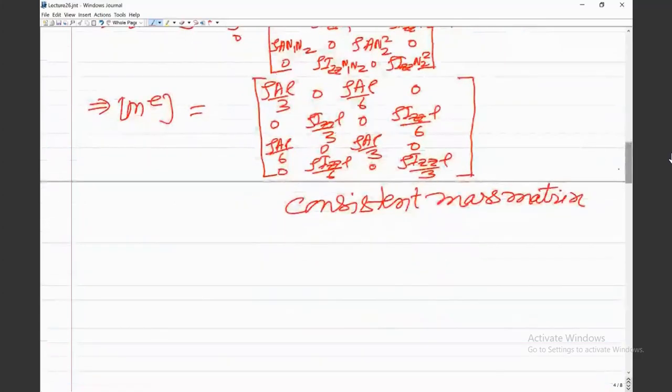And now if you want to write the lumped mass matrix, one way is that we lump the mass at the two nodes and also the rotary inertia.